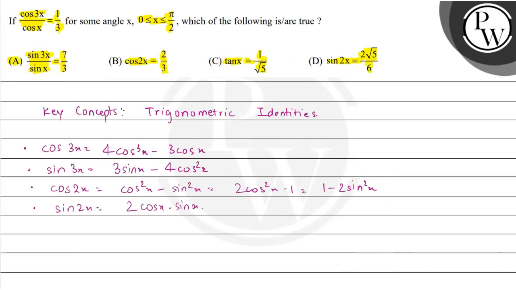Now, in part A, we had to evaluate sine of 3x upon sine of x. While evaluating this, the first thought that comes to mind is to split this sine of 3x and simplify it in the form of 3 sine x minus 4 sine cube x upon sine x.